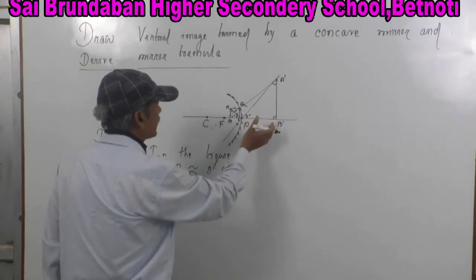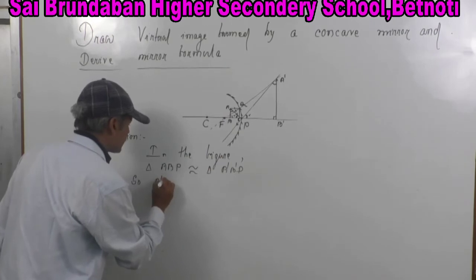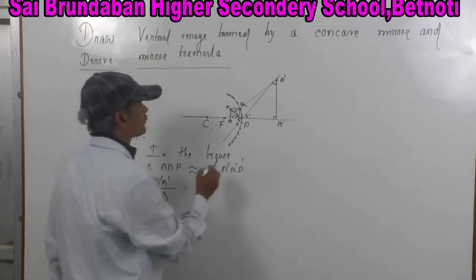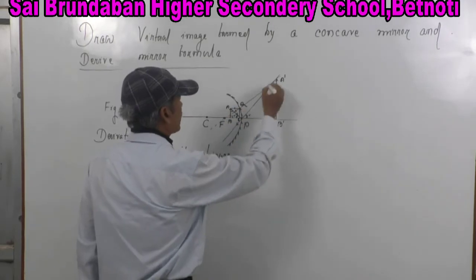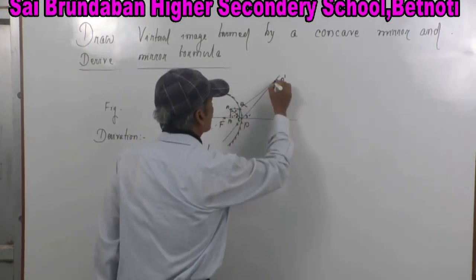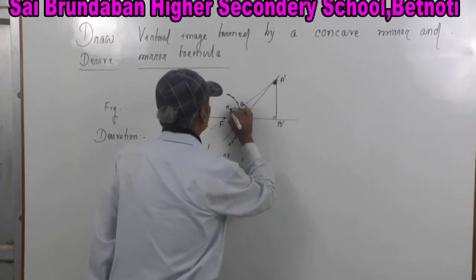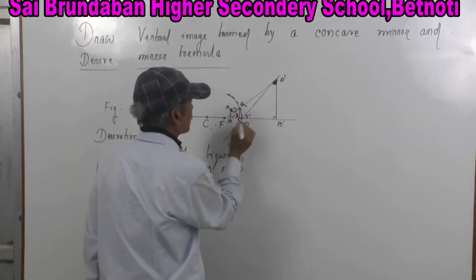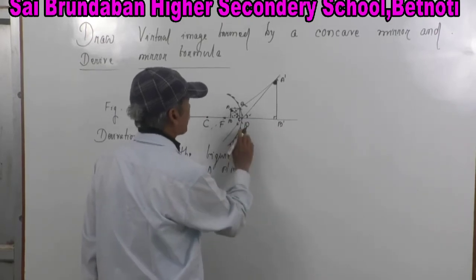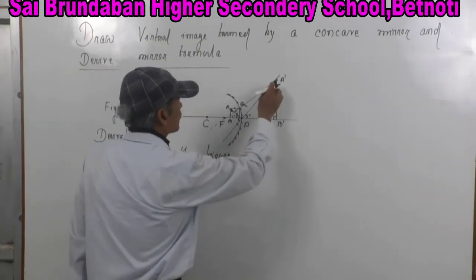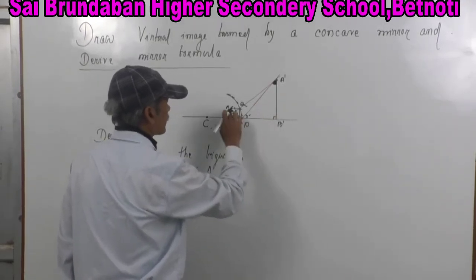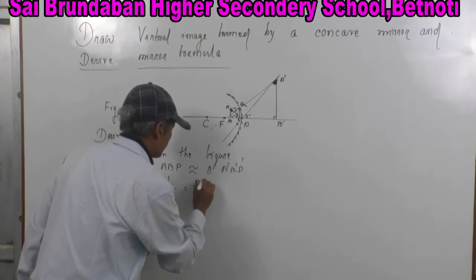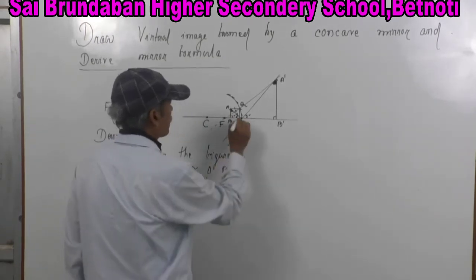So the ratio A dash B dash by AB is equal to PB dash by PB.